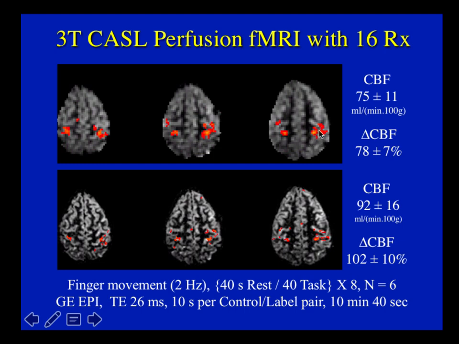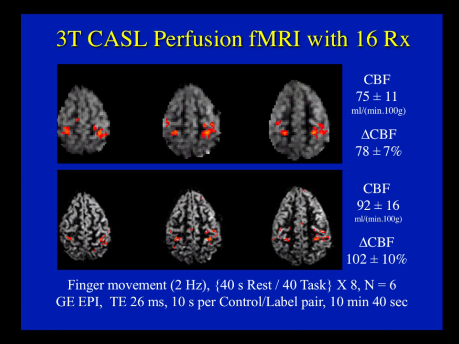So in addition to localizing the active sites due to the blood flow increases, we can actually quantify the blood flow changes, about 78% change in blood flow compared to the resting state, from multiple studies. At a higher resolution, the images on the bottom show a little bit higher resolution, and here we detected almost 100% changes in blood flow due to the motor activation.